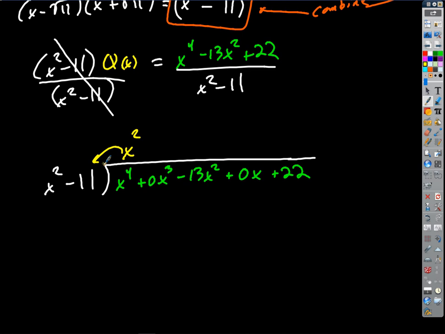And so if I distribute, what am I going to get if I distribute? I'm going to get x to the 4th minus 11x squared, whoops.